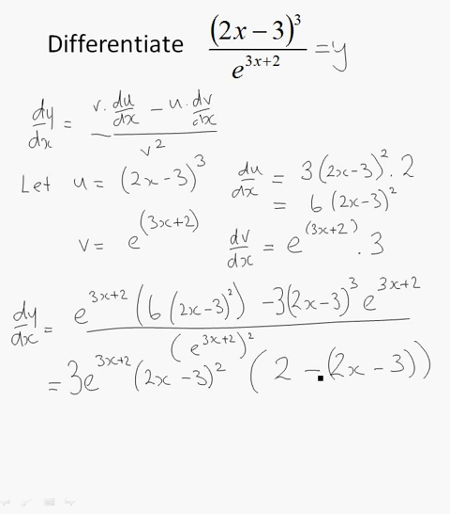Now I'll put it in brackets because that minus sign operates on both those things. So I have to remember it's a minus 3 a little bit later on. And that's all divided by (e to the 3x plus 2) squared. Doesn't look very good, does it?